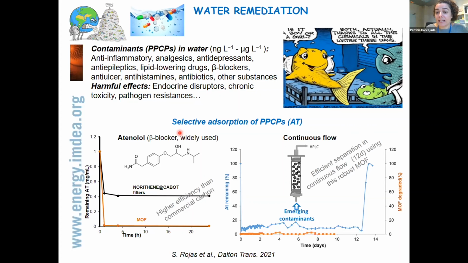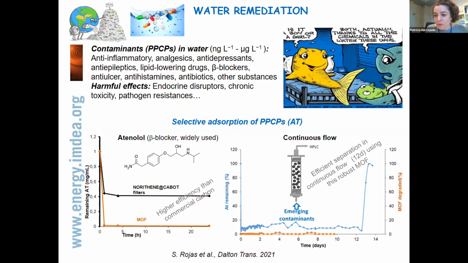MOF can selectively absorb the contaminant. Here we have selected atenolol, a widely used antihypertensive drug, and in the presence of the MOF, the removal was almost complete and very fast, being even more effective than the currently applied activated carbon.